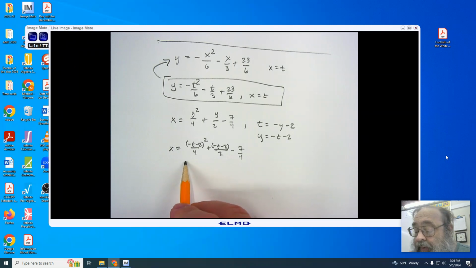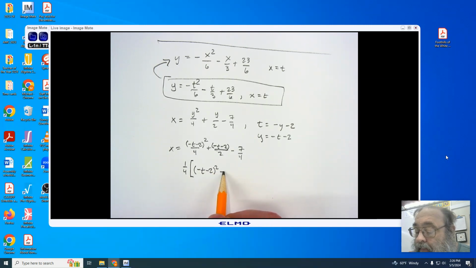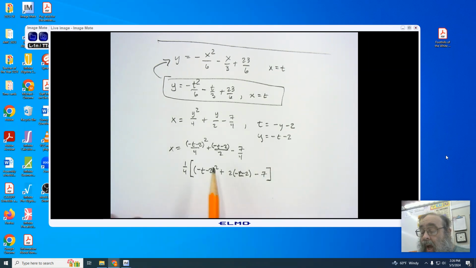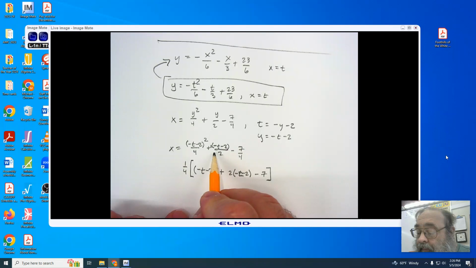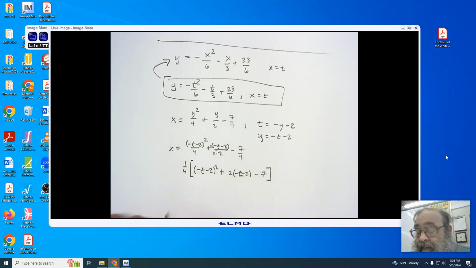Now I'm going to factor out the 1/4 so that I can work with this as easily as possible. Negative t minus 2, the quantity squared, plus 2 times negative t minus 2, minus 7. Now you'll notice I had to multiply by 2 over 2 in order to factor out that 4.